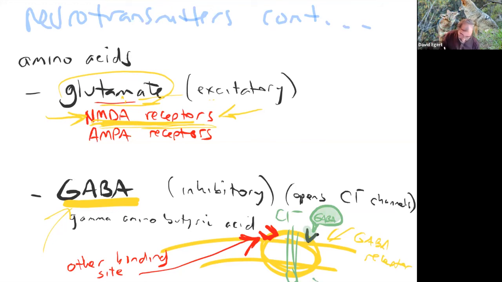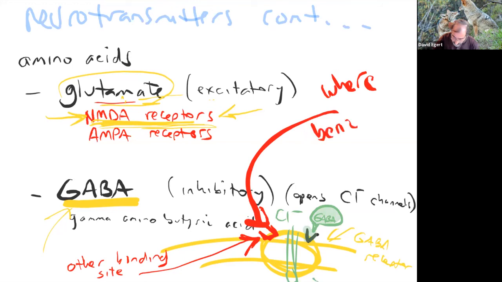This site that I put here is where the benzodiazepines bind. And if a benzodiazepine, like Xanax or Valium, gets in there, what happens is when GABA binds, the channel will stay open longer and let more chloride through and create more of a negative swing of the voltage.